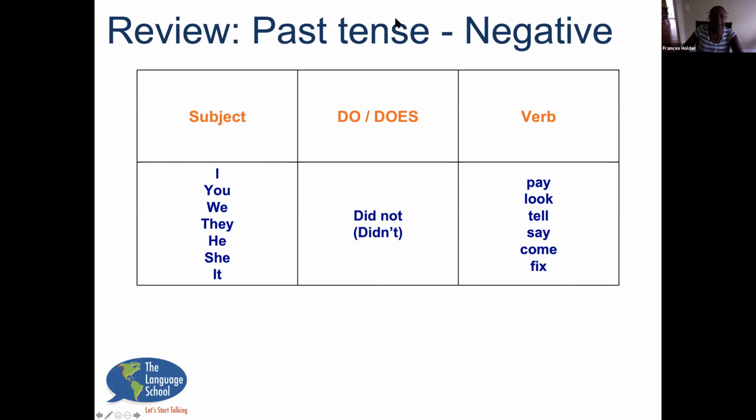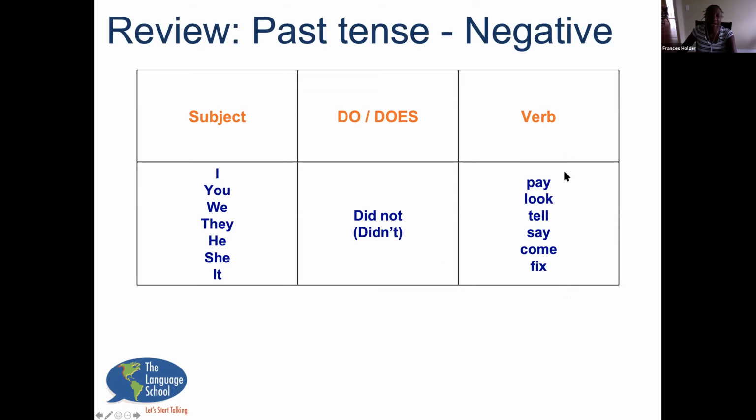Let's look at the past tense negative form very quickly before we break for bathroom break. The past tense negative, all you do is add a not after the did. That is it. You start with the subject, then you add did not, then you add the main verb in its base form.